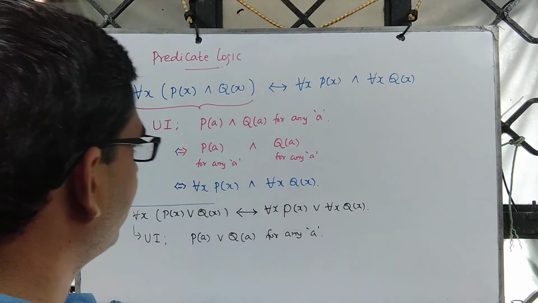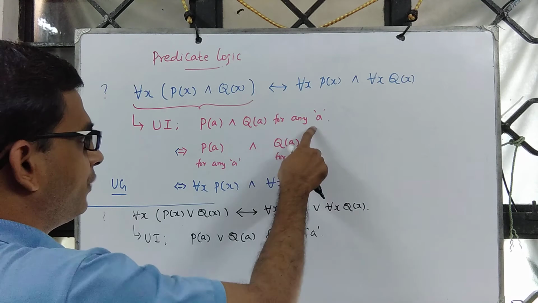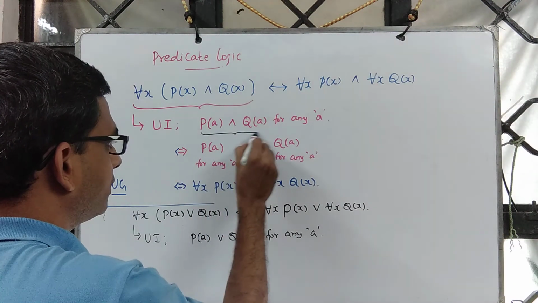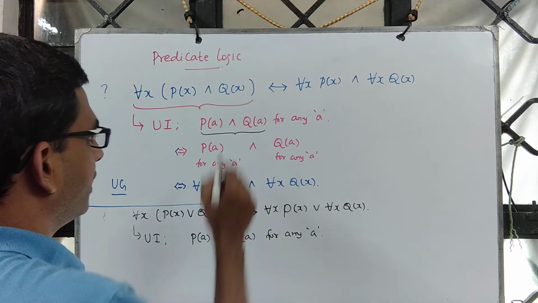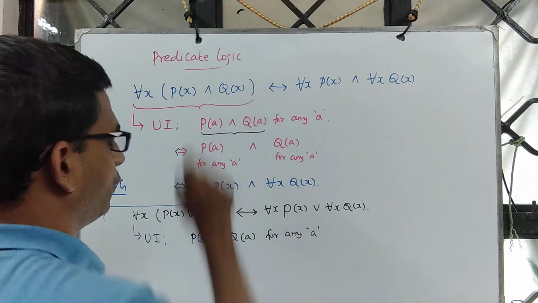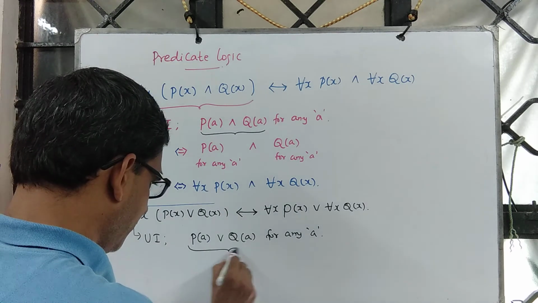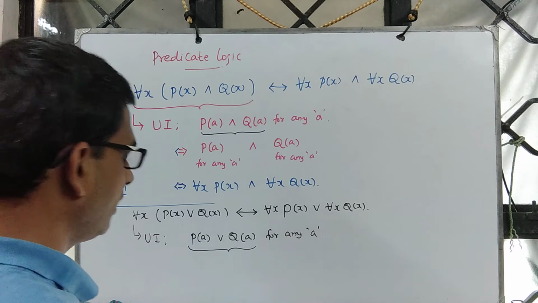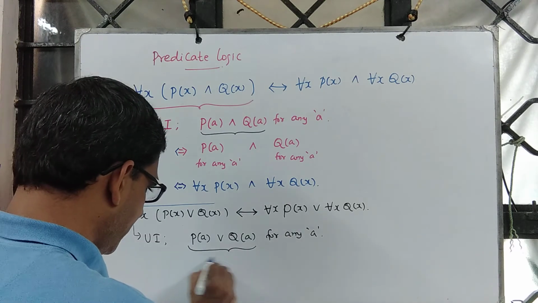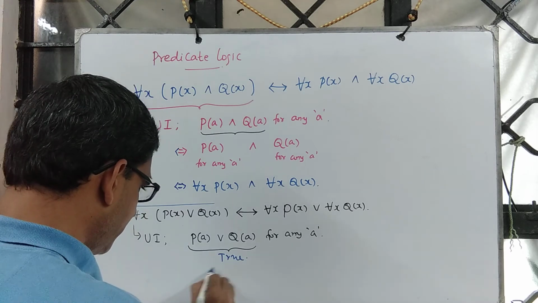So here you have to be careful. When you say it is true for any a, and over here this is and, which means if this one is true, this is true and this is true. But over here it is or. If this expression is true for a specific a, there are possible things, right?